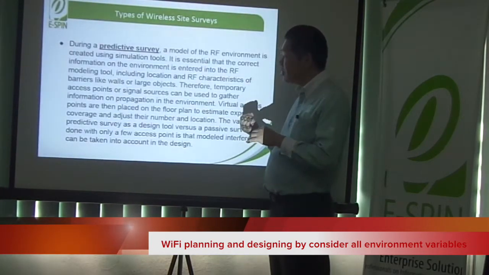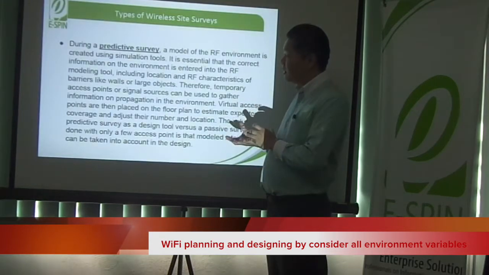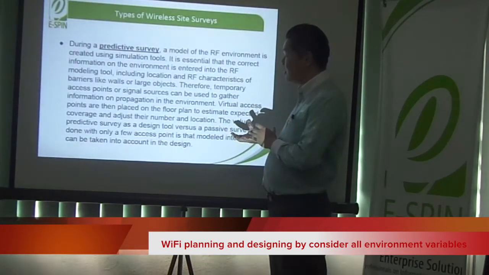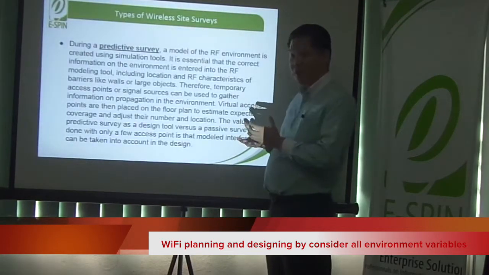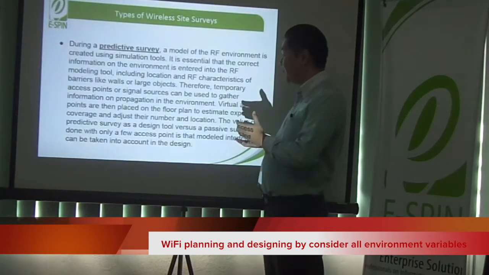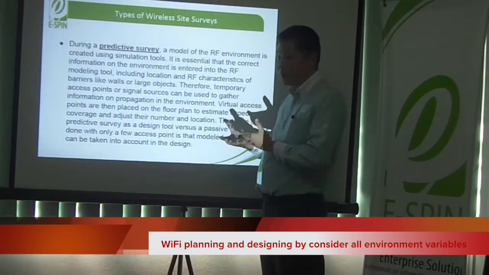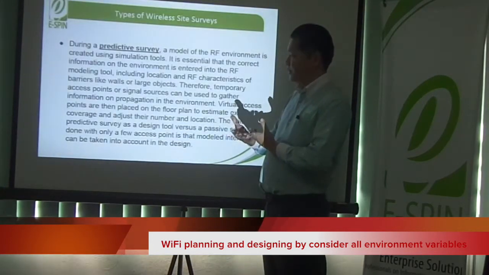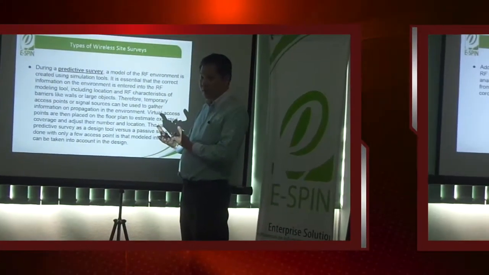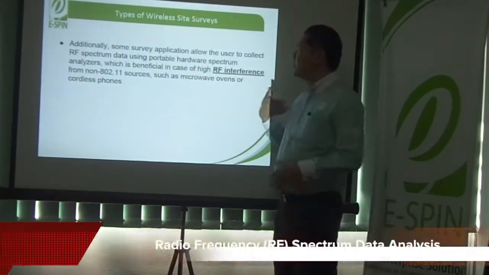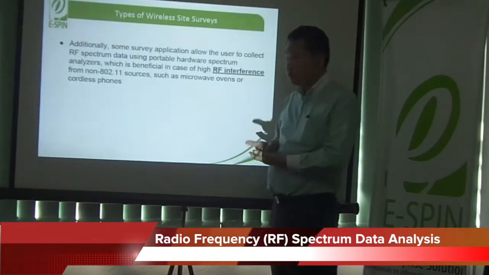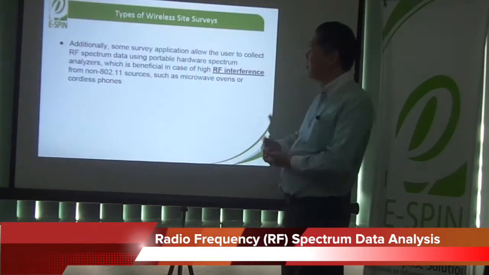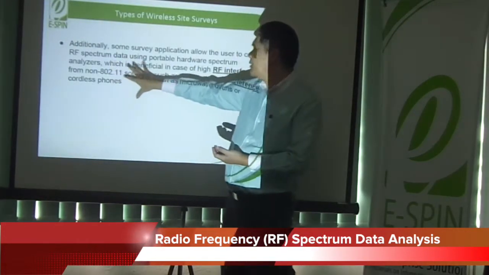So you can use that data to put into your deployment plan to install in the specific locations to have this kind of optimized wireless coverage, right? Additionally, it is also common that with some survey applications, you will want us to collect your radio frequency spectrum data.